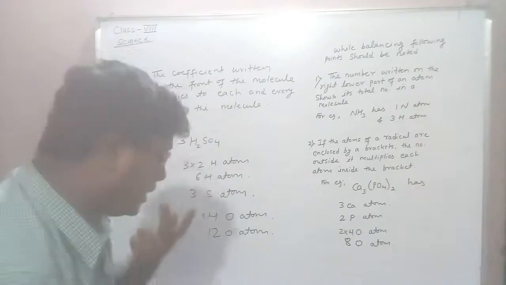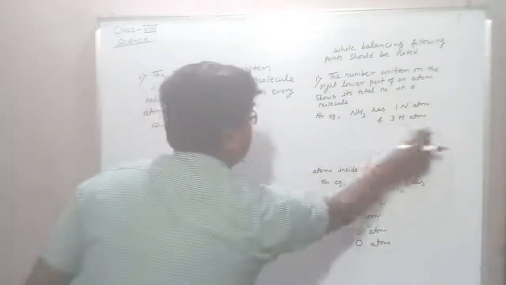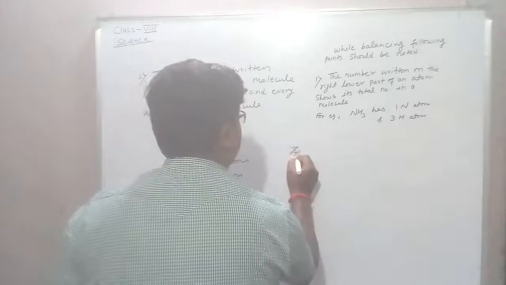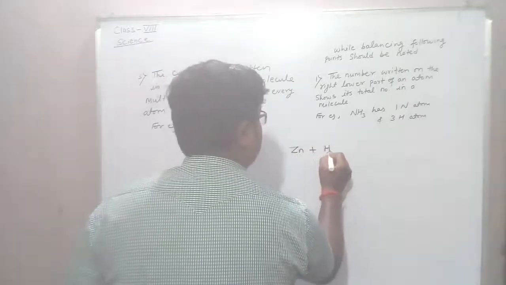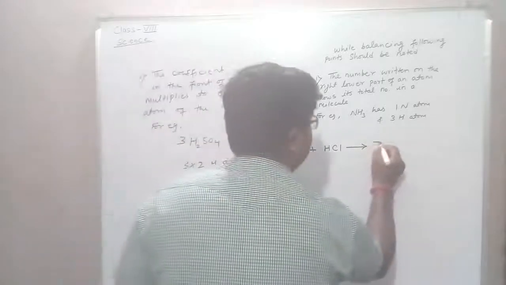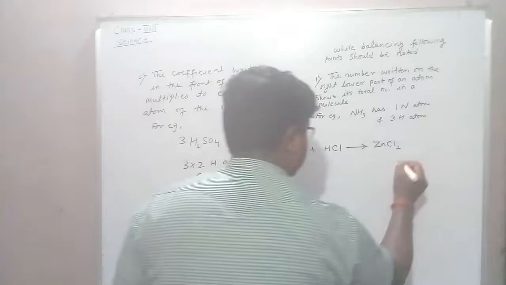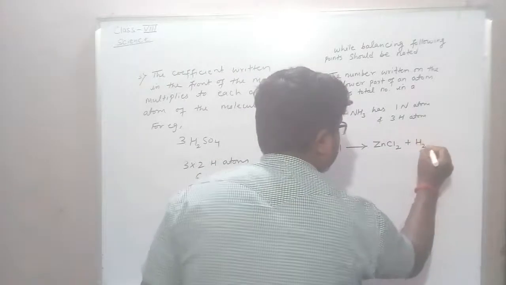Now let's see one example that we are going to balance. Suppose we are going to balance an equation here: Zn plus HCl gives ZnCl2 plus hydrogen gas H2.